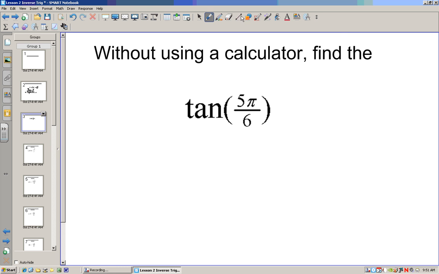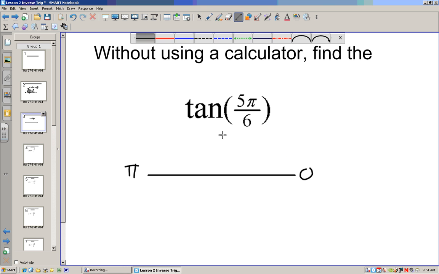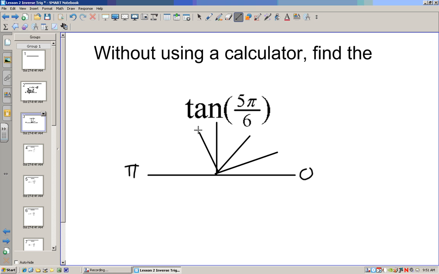Tangent of 5 pi over 6, we divide from 0 to pi into 6 equal sections. And then we go to the fifth one. 1, 2, 3, 4, 5. So 5 pi over 6 is over here. Pi over 6 divides 180 into 6 sections, so each of those is 30.